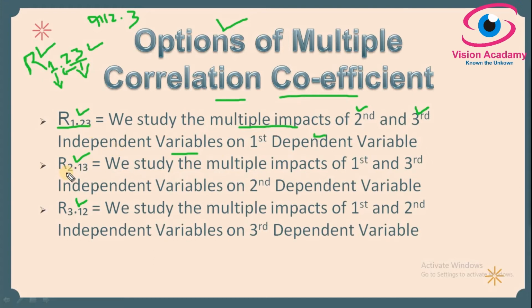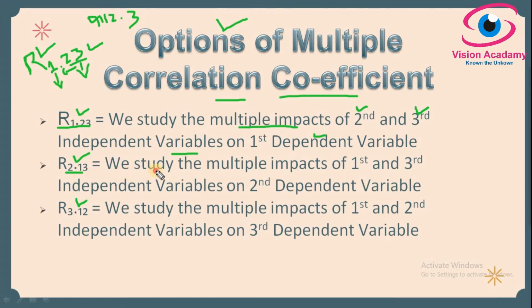Let's go to the second one, R2.13. In R2.13, 2 is the dependent variable, and 1 and 3 are independent variables.